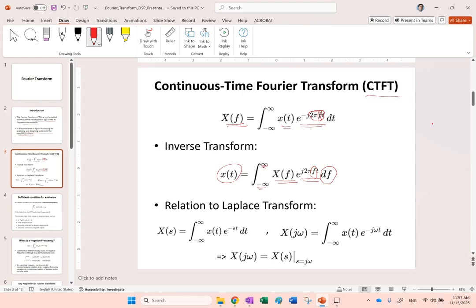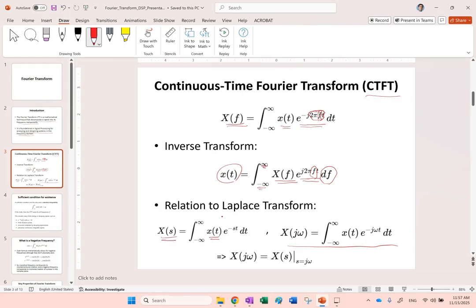Okay. Now, if you look at this one, you can see that it is very similar to the Laplace transform. You know Laplace transform. This is the transform we use to solve ordinary differential equations by converting them to algebraic ones. You take the signal in the t domain and you take it to the s domain.